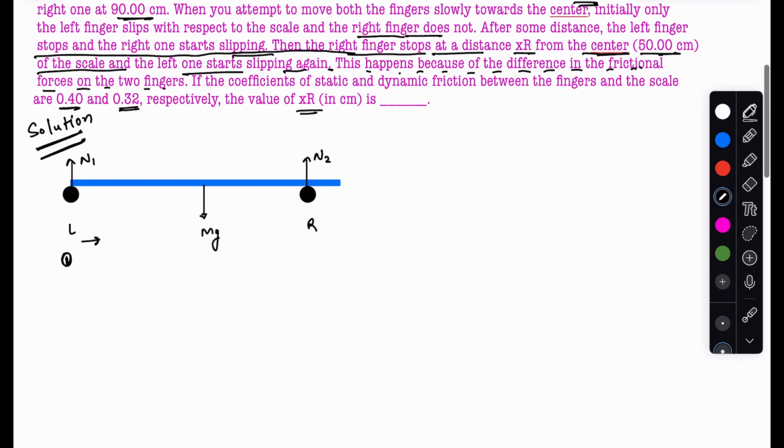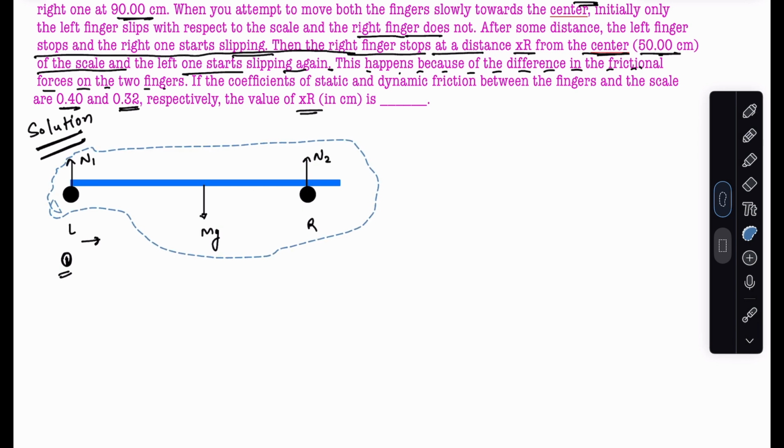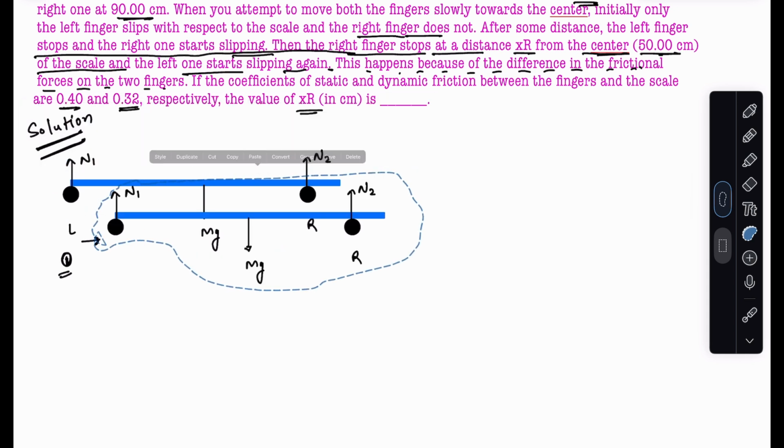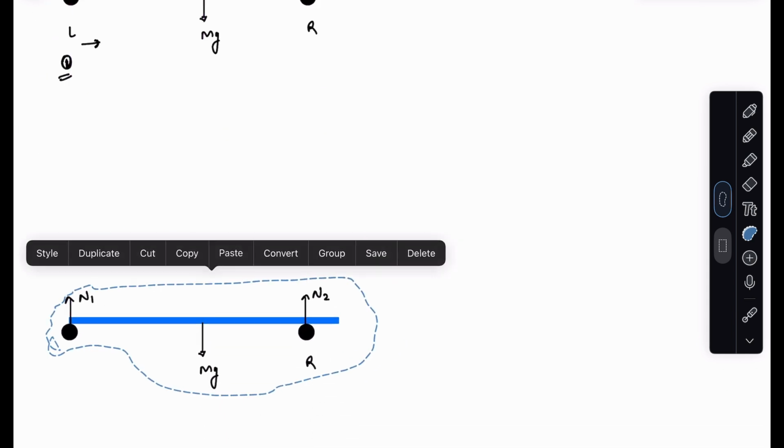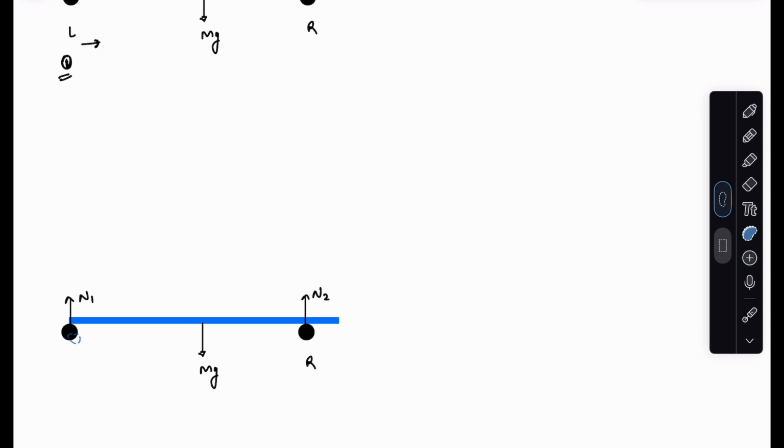So see, this is our first stage when we are just trying to slide, and then the left is sliding. Let me just draw the scenario again. This is initially, then at some point we are sliding, so this will start to slide at some place and it will stop at some place.